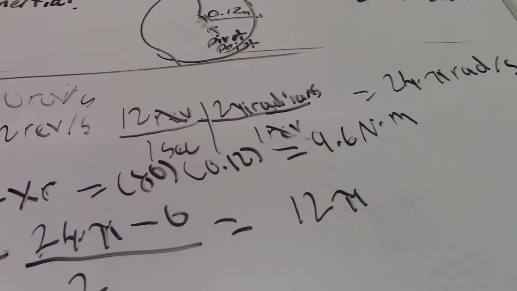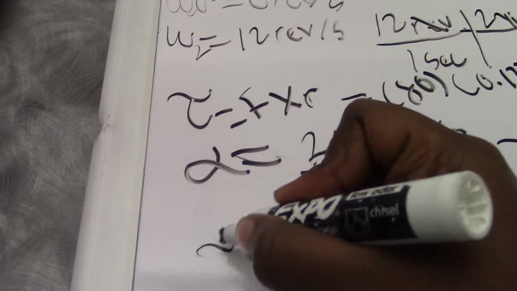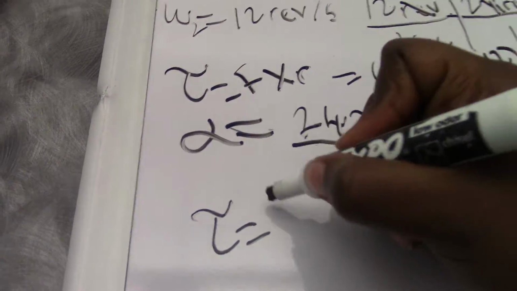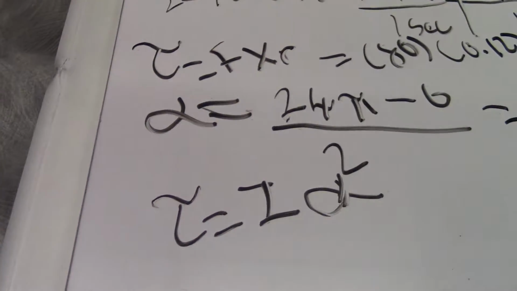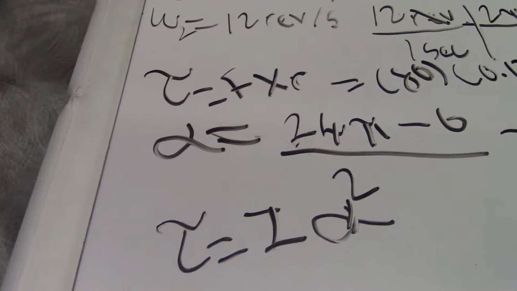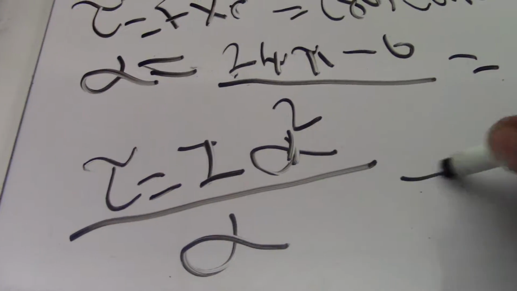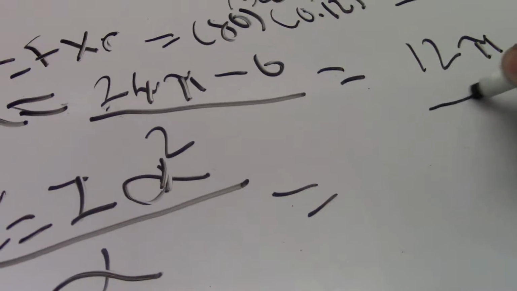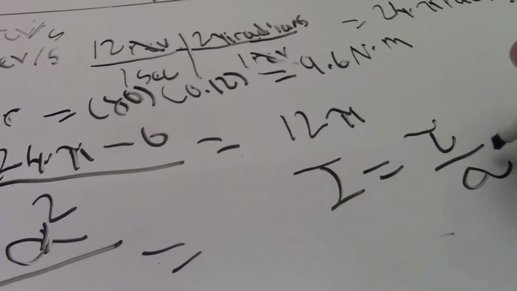And so we have an equation that ties in everything, which is torque is equal to inertia times angular acceleration. We can do algebra to make inertia the subject: you divide by angular acceleration, and you're left with inertia is equal to torque over angular acceleration.